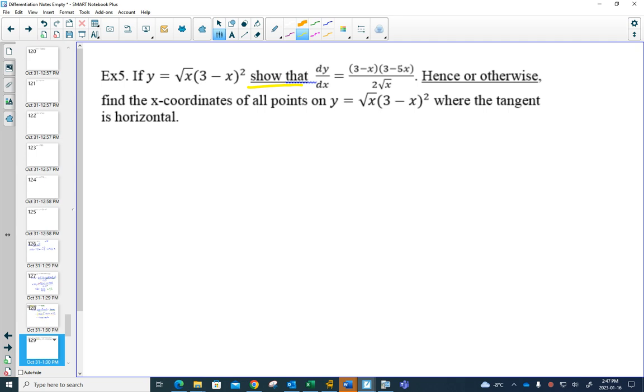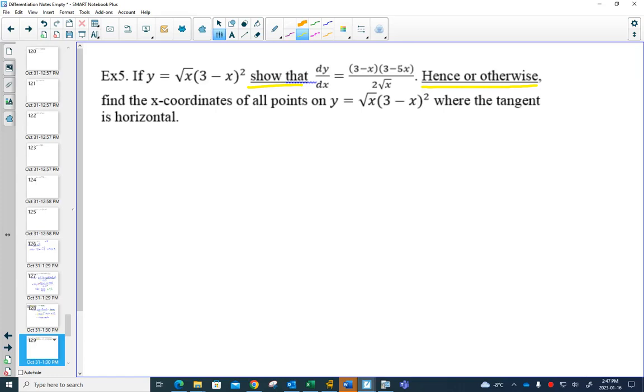And then this question, and every time I underline stuff in the notes, these are specific IB math command terms. The famous hence or otherwise is slightly different than hence. If you have a hence question, you have to use what was given to you right before to do the next part.